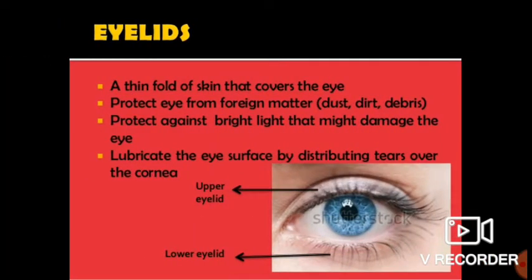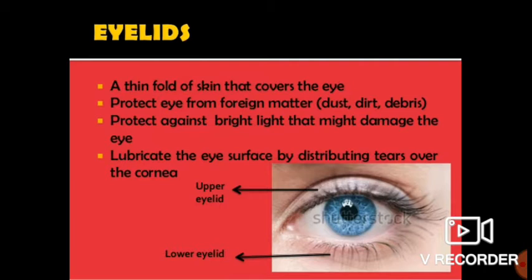Next is eyelid. Next part of eye is eyelid, a thin fold of skin that covers the eye. Protect eye from foreign matters, dust, dirt, debris. Protect against bright light that might damage the eye.